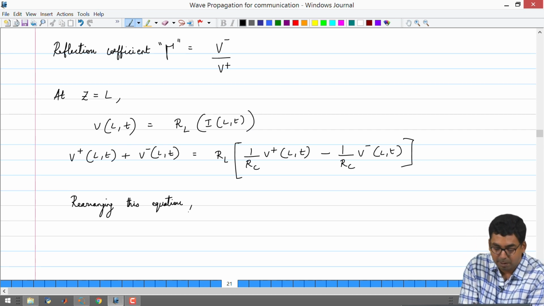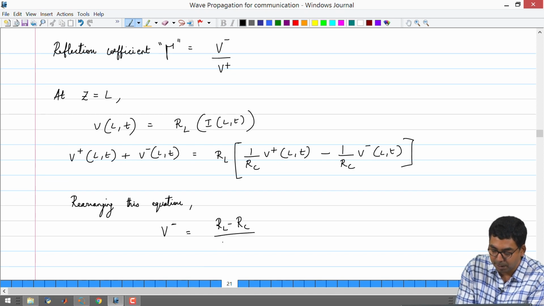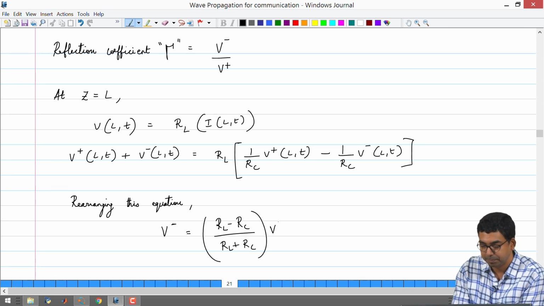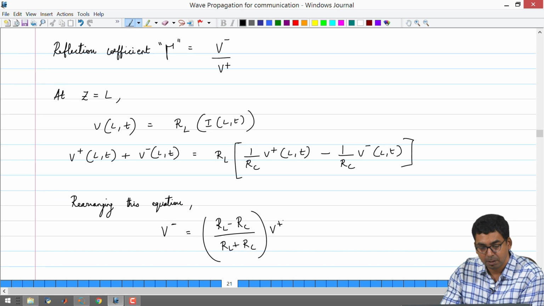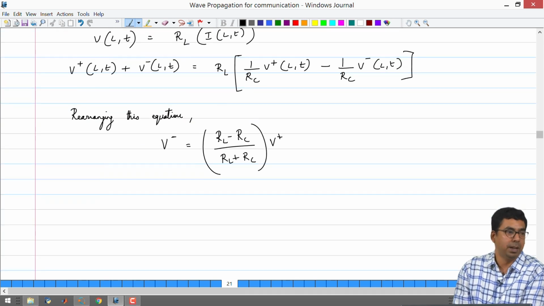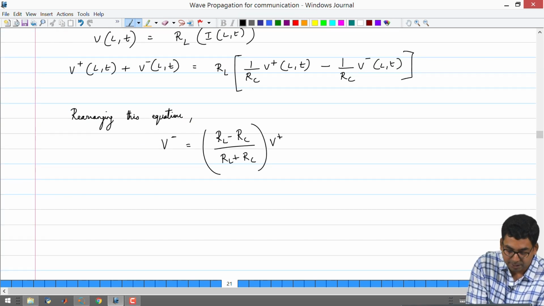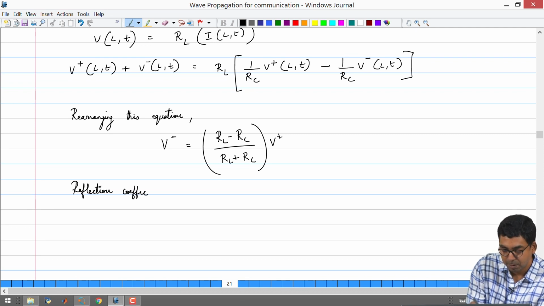You will have V minus equal to RL minus RC divided by RL plus RC times V plus. I am not going through all the steps, you can do the rearrangement on your own. And the reflection coefficient, I will be very specific at the load end.